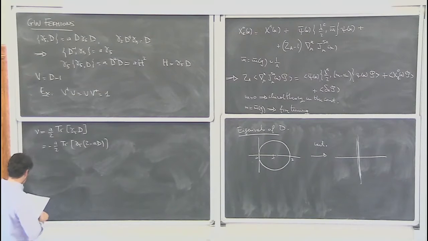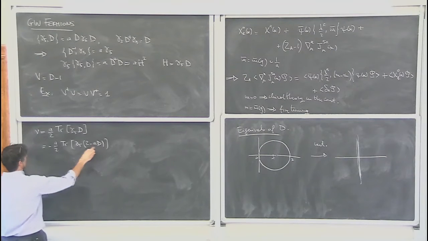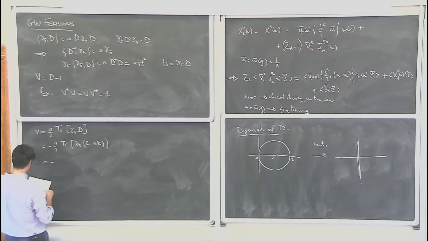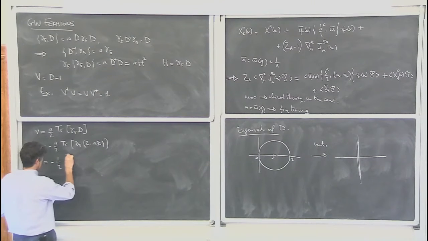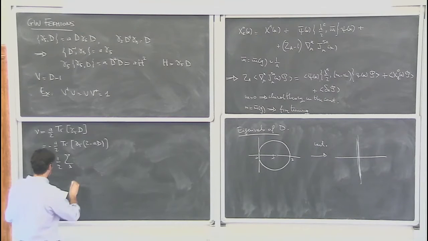And by inserting a complete set of eigenstates, we can rewrite the trace in the following form. Here we are summing over all the possible eigenvalues.